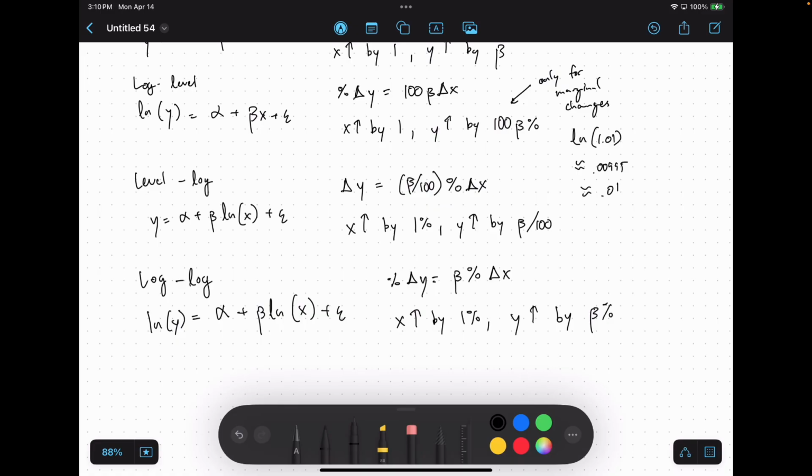And so structuring equations like this is a simplified way of denoting elasticity effects. And this is entirely an artifact of this relationship. And so this actually breaks down a little bit if you're talking about pretty large changes.